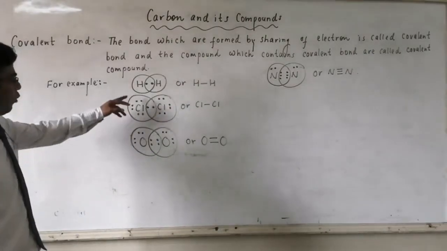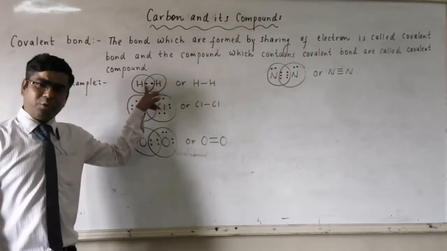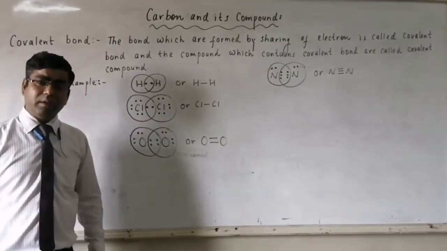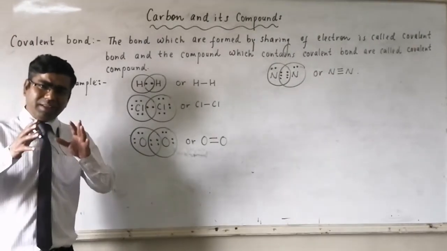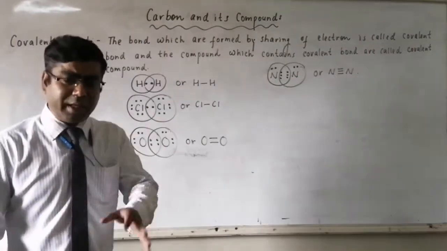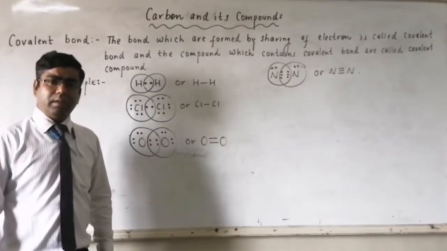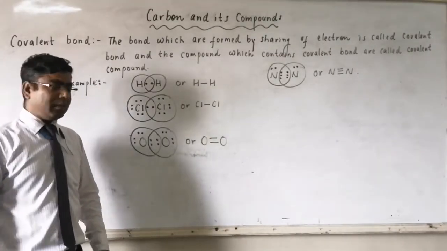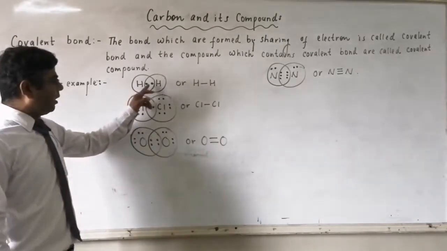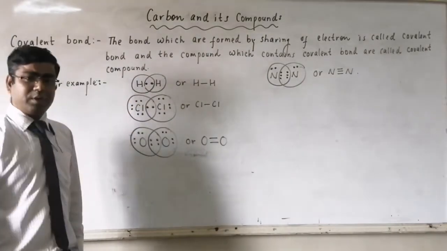Here the first hydrogen has one electron. The second hydrogen also has one electron. So both the hydrogen atoms will contribute one electron for sharing. And after sharing, this hydrogen will complete its duplet, 1 and 2 electrons for hydrogen.